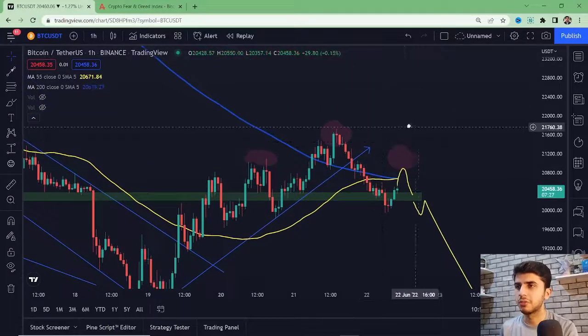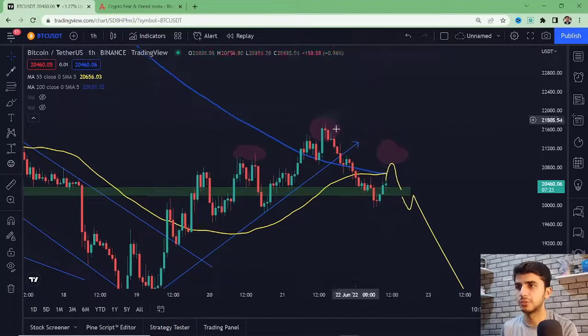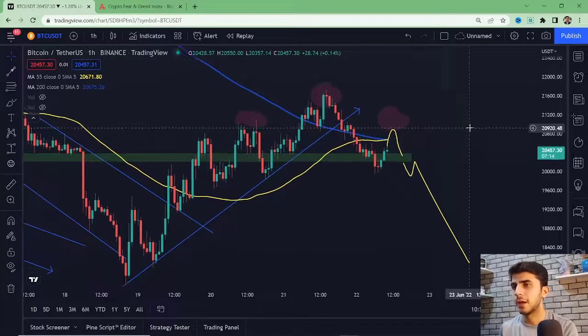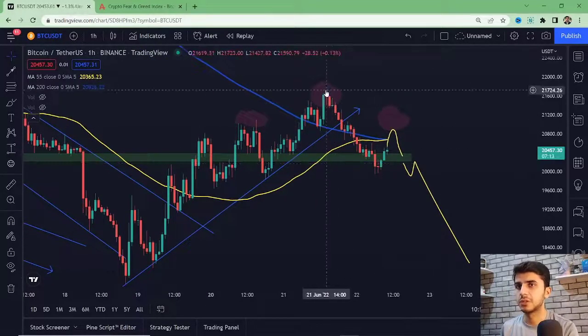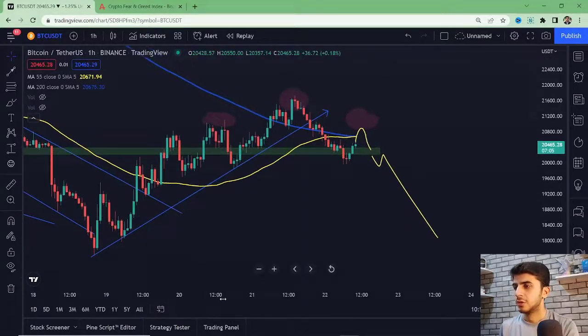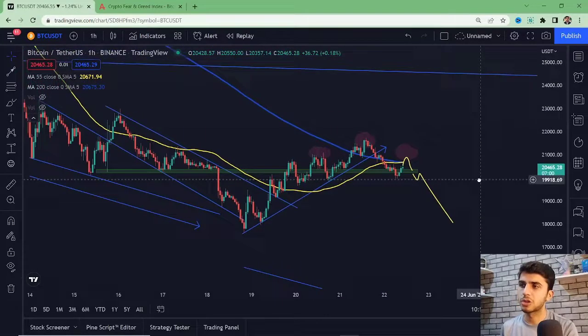I was recording a previous video, and I was talking about this formation of this candle right there, and I talked about a short entry there. If you did not watch the video, you can watch it. And that happened. Anyways, we went from 21,724 to this 19,700, let's say.